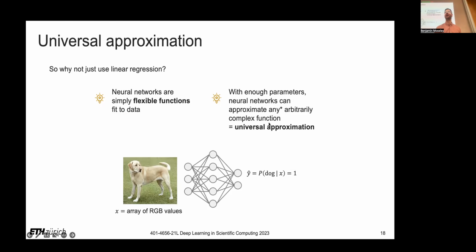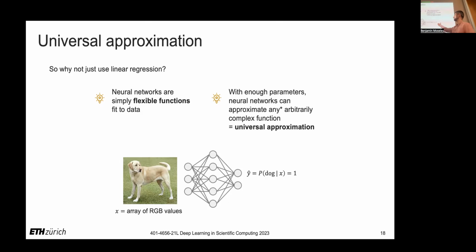This is a really powerful statement. I'm not giving this statement in a mathematically precise way, but this is an actual mathematical theorem, and it essentially says that if you choose a fully connected neural network with enough parameters in it, it can approximate any function. So we can learn really, really complicated functions.